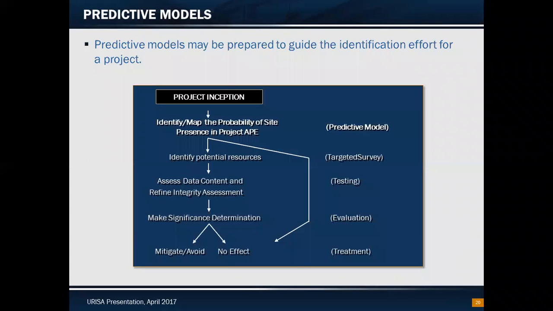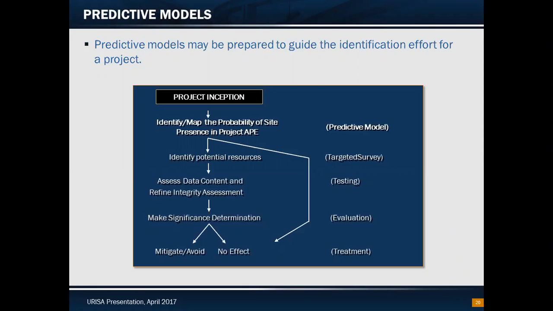So how does a predictive model fit into the 106 process? You can fit a predictive model into an individual project. Say it's a relatively large project, which would be the only reason to really do this, to cut down the area you want to look at.